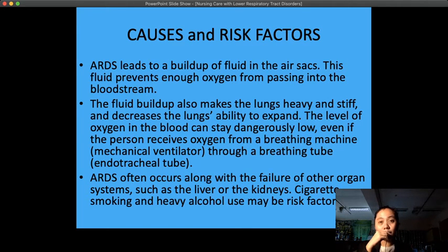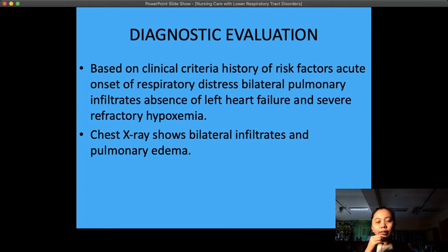So multiple organ failure such as the liver or the kidneys. Cigarette smoking and heavy alcohol use may be risk factors.